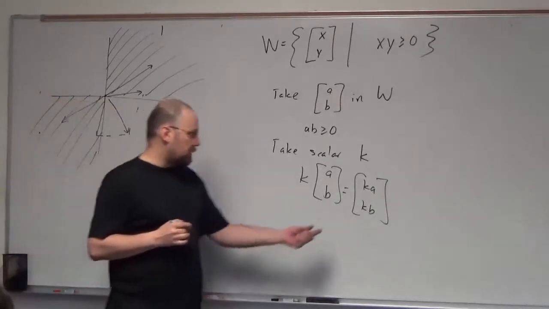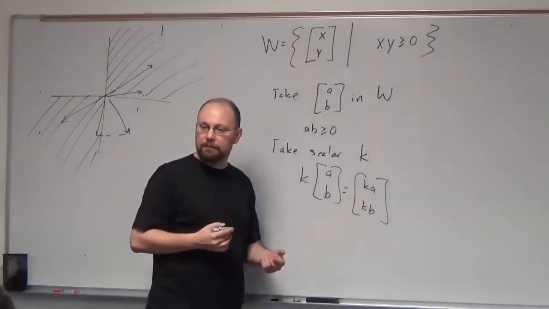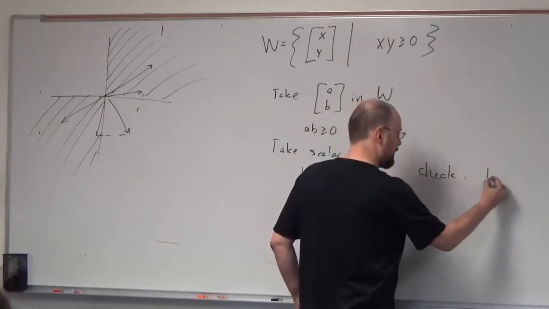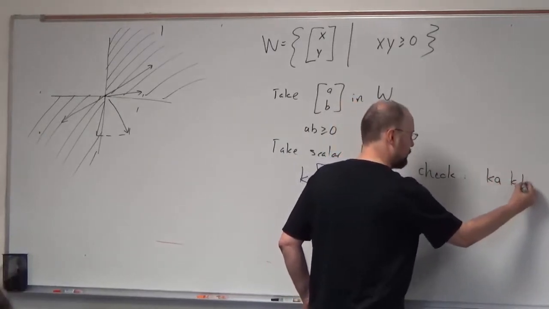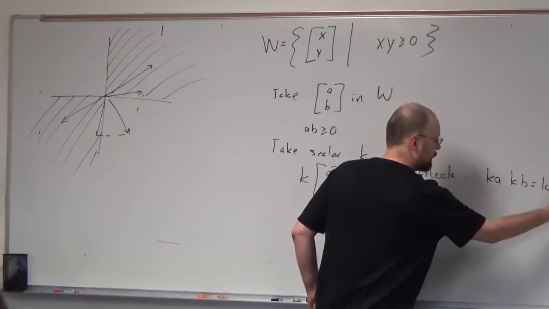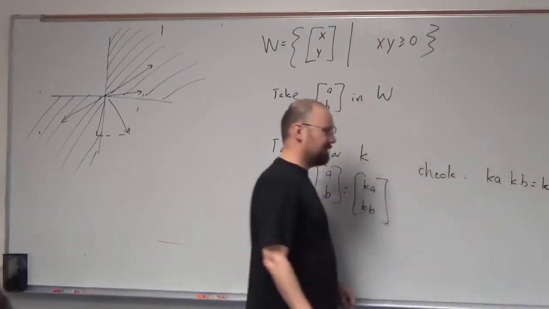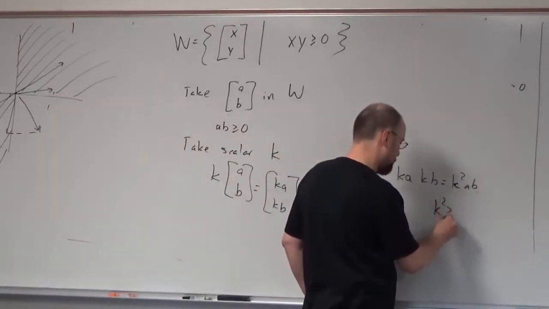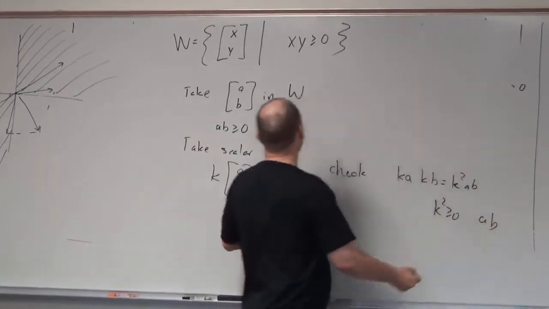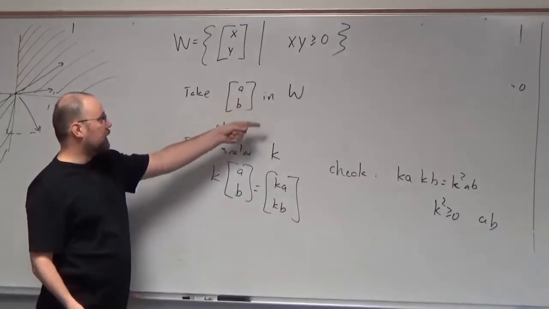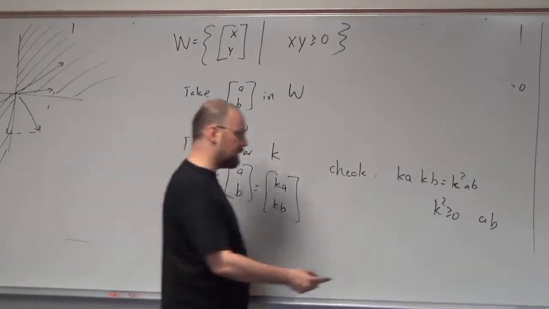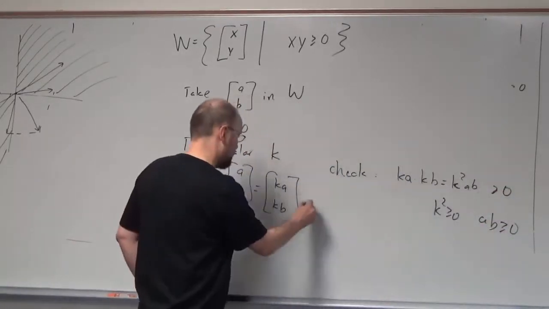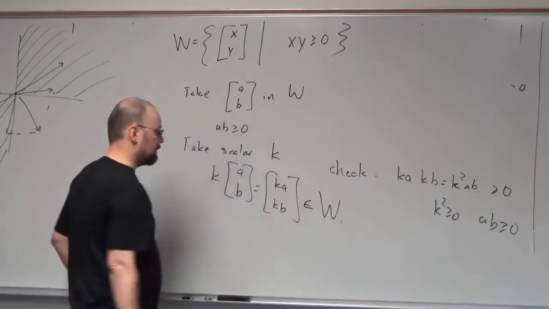Well, to qualify, the product of the entries has to be non-negative, right? So let's check. We get K times A times K times B. It's K squared times AB. Now, what do we know about K squared? A number squared cannot be negative. We know that A times B is non-negative by virtue of belonging to W. Therefore, this whole product is non-negative. So indeed, this vector is in W.